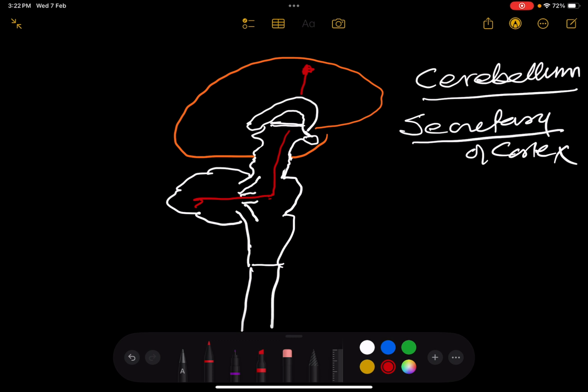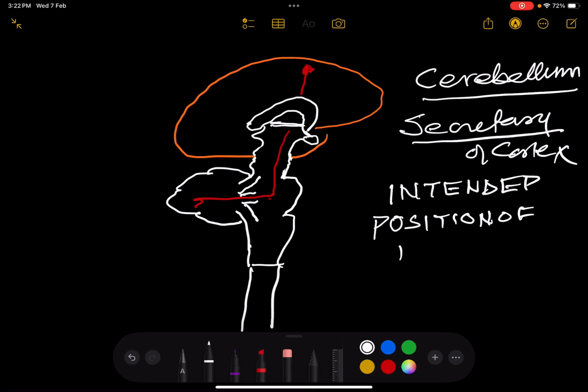It finds out the intention of the cortex. Intended position of the body at time t.